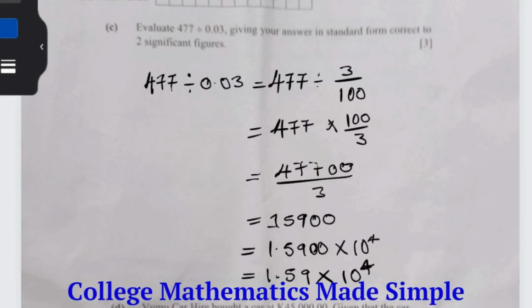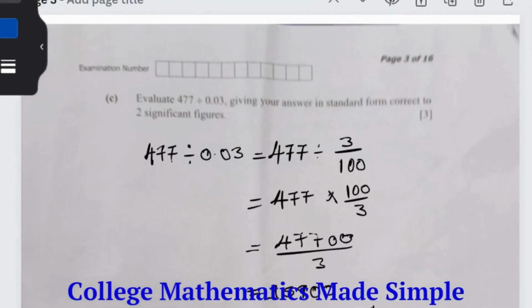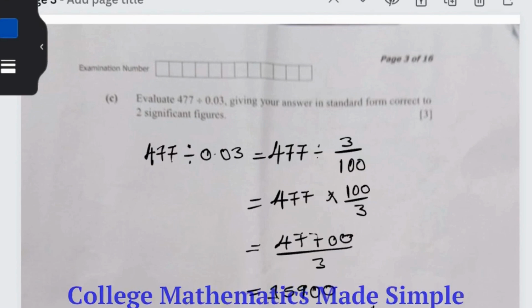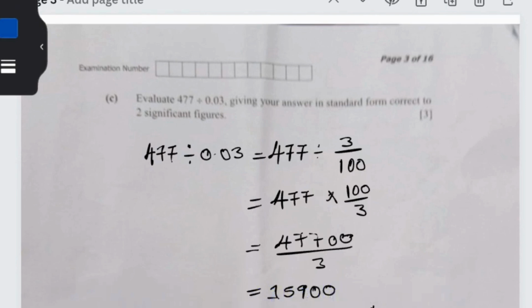Next we have this nice problem. It says evaluate 477 divided by 0.03, giving your answer in standard form, correct to 3 significant figures. So you can see that it is 3 marks because we need to know 3 things. The first thing is to know how to divide. So you can write 0.03 as 3 over 100.